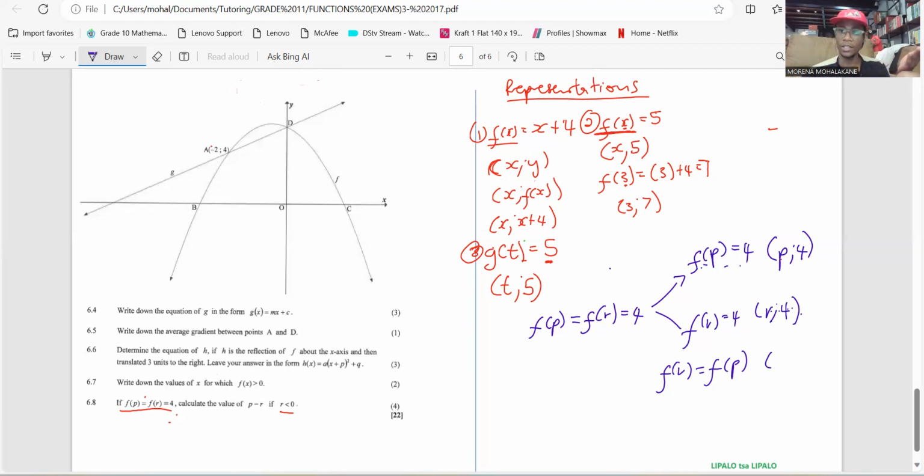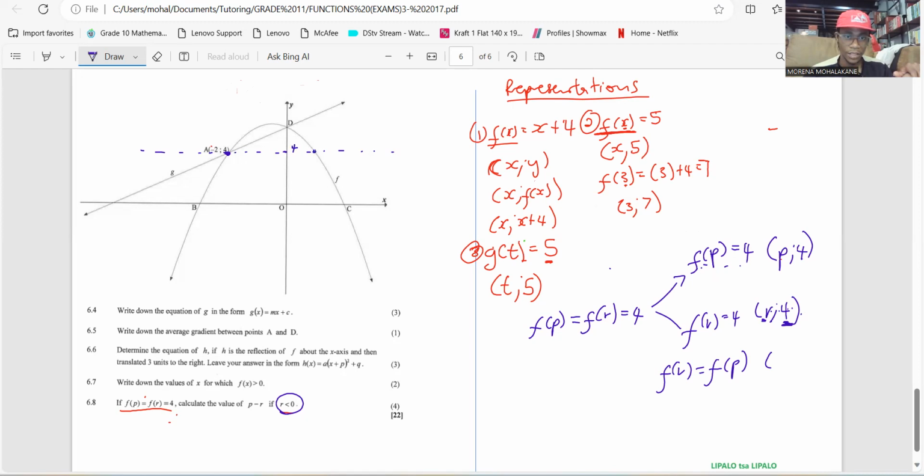That's like the coordinates for the quadratic and the parabola, right? You have values that are shared, the y values. And they told me something here: they said r is negative. So I'm going to look at where I have 4 on the graph. Here is 4. If I draw a line here, coming this way, it's 4 here as well.